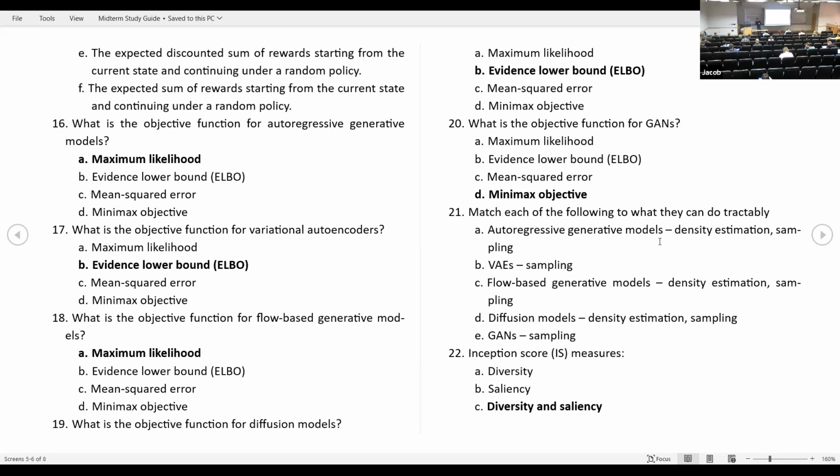Okay, good. And then density estimation on diffusion models. This one is kind of tricky. We did not talk about this at all in class, but I just thought I'd put it on here so that you are aware.